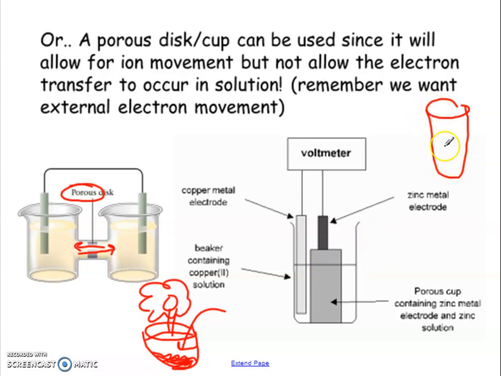Liquid can transfer in and out, and ions as well, from this cup, and you can have one electrode on the inside and one electrode on the outside. So you can have a transfer of ions, but you still have the half cells being completely separated.